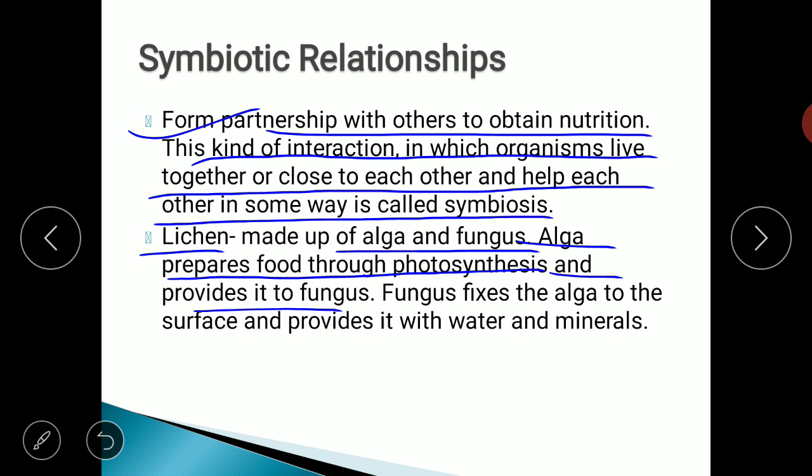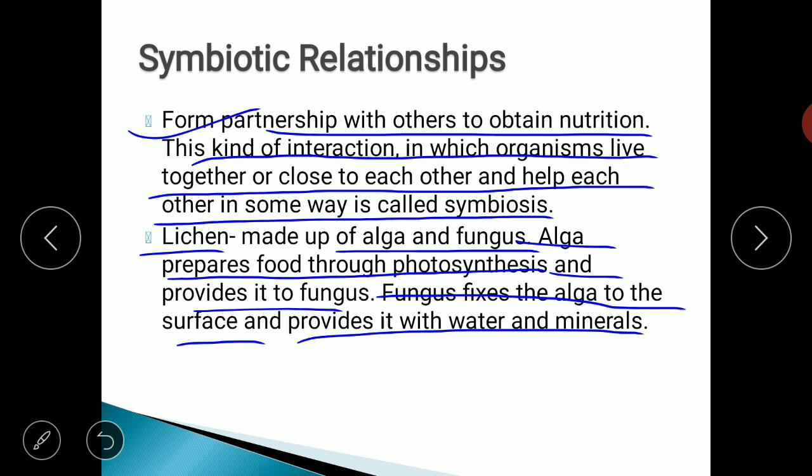And we studied earlier, fungi are non-green in color. Then what does the fungus do for the alga? The fungus fixes the alga to the surface. It gives the surface to the alga, and it provides it with minerals and water.